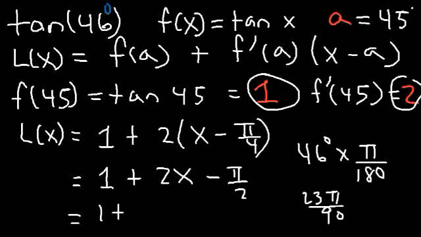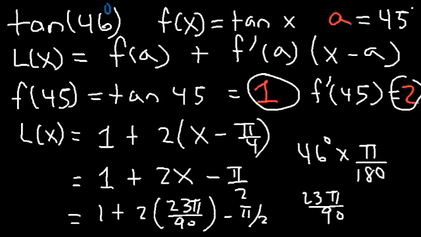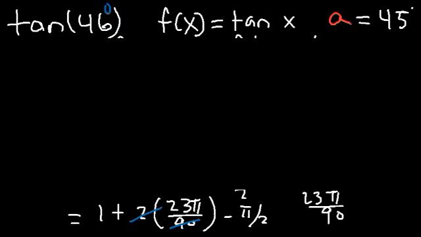So it's 1 plus 2 times 23 pi over 90 minus pi over 2. 90 divided by 2 is 45. So what we now have is 1 plus 23 pi over 45 minus pi over 2.